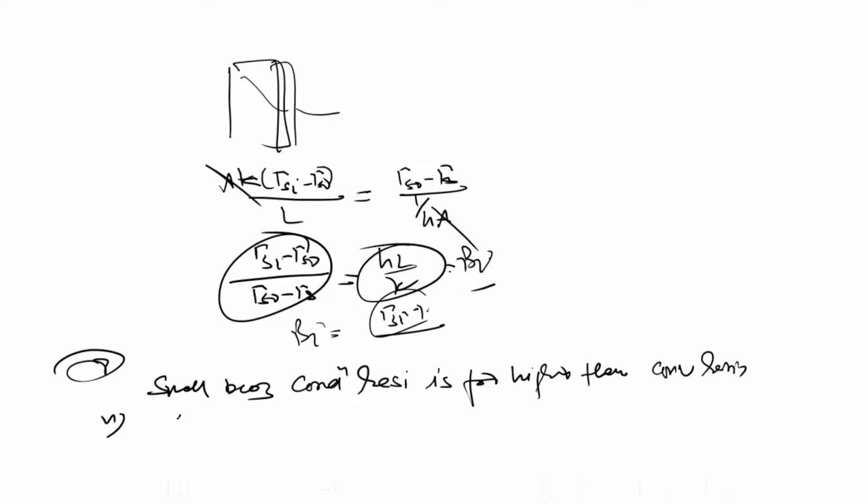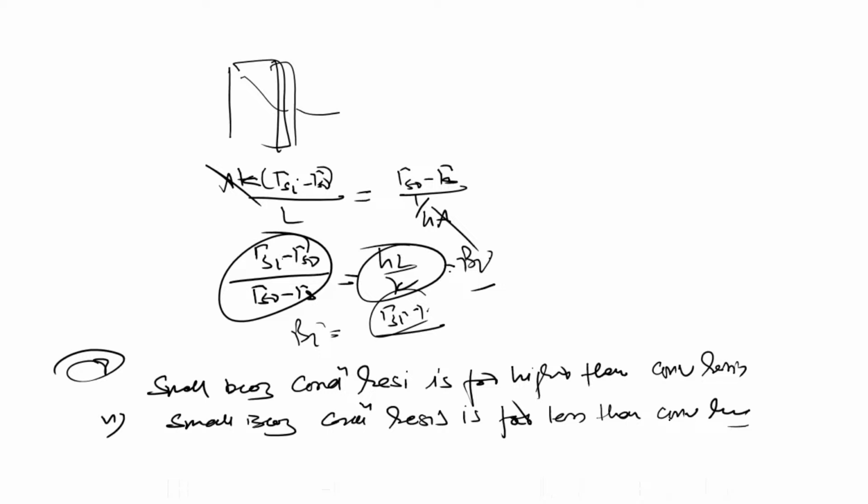Fourth option: Small, because conduction resistance is far less than convection resistance. Please tell me which option is correct. What should be your answer?